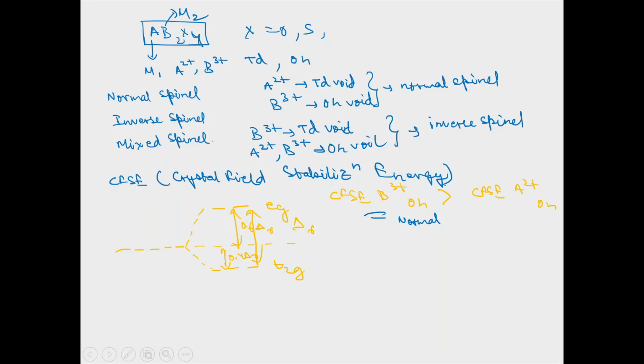And we get mixed spinel structures when the CFSE is the same for both metal complexes, and A and B have comparable size. In that case, we get a mixed spinel structure.